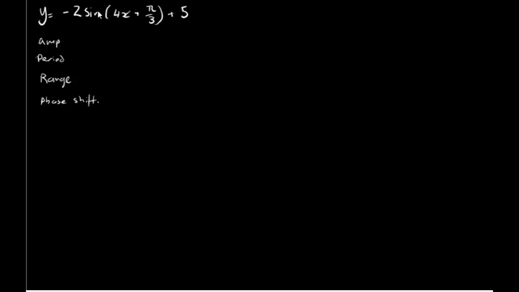So to start off with, I just want to rearrange this equation. So we still have minus 2 sine, except instead of 4x plus pi on 3, I'm going to take 4 out as a factor. So 4 times (x plus, if I take 4 as a factor of pi on 3, I'm left with pi on 12).